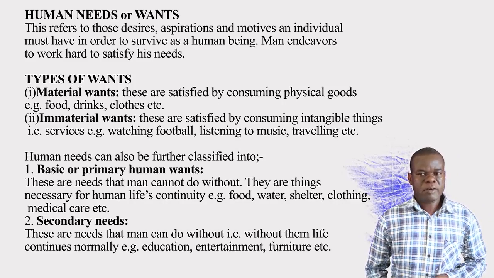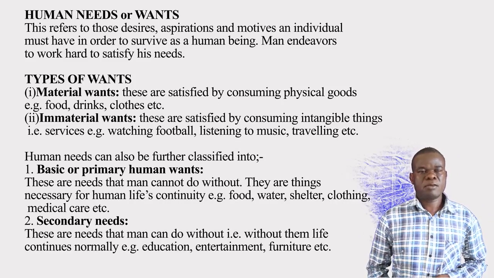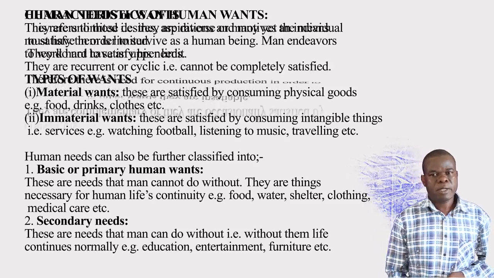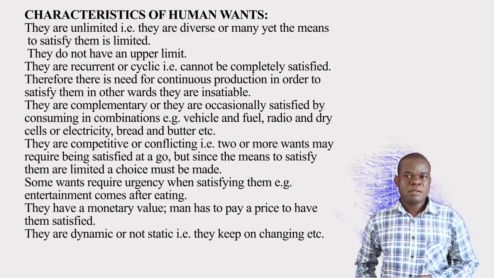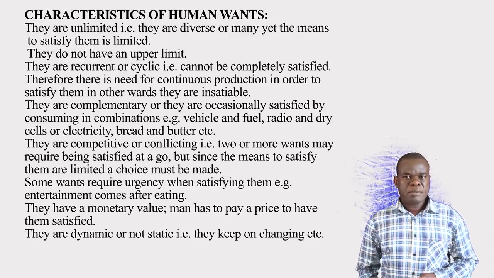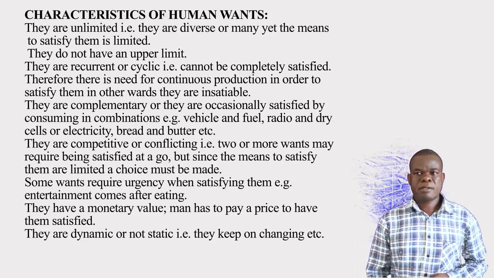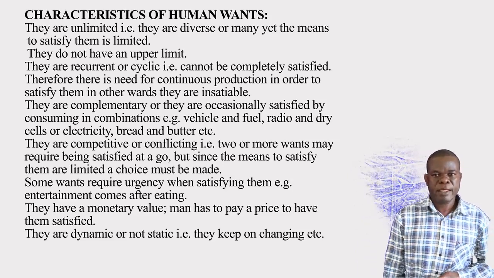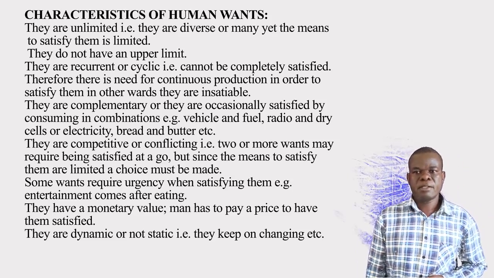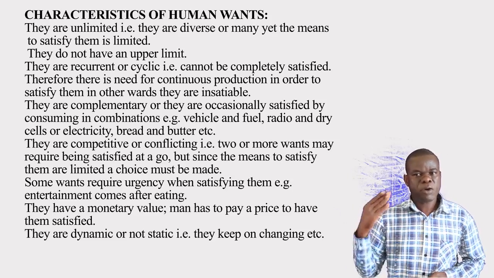These are secondary needs. Now, let us look at the characteristics of human wants, or what we may call the features. Human wants are unlimited, meaning that they are diverse. There are very many, but the means to satisfy them is limited. When we talk of unlimited, it means that they have no upper limit.